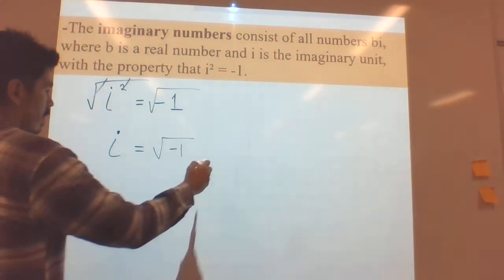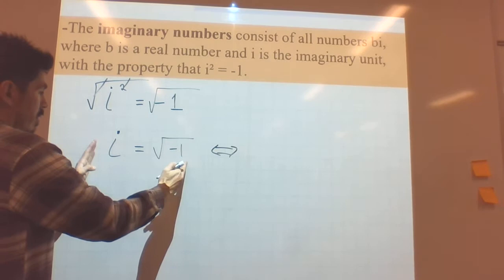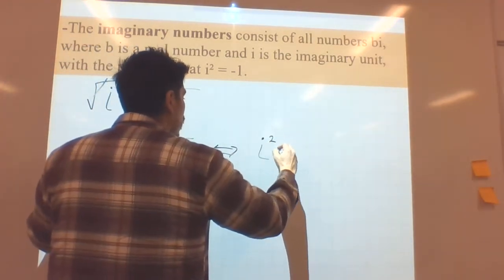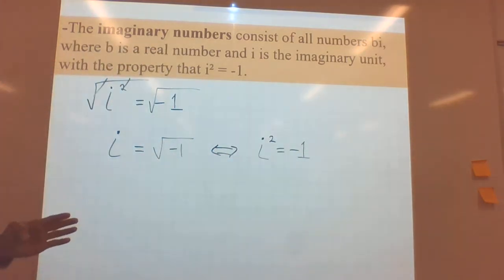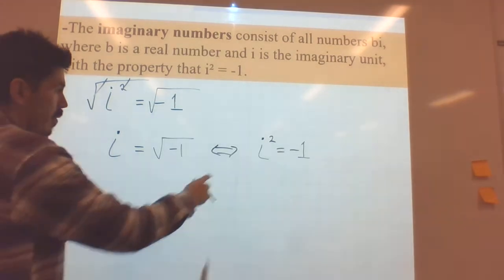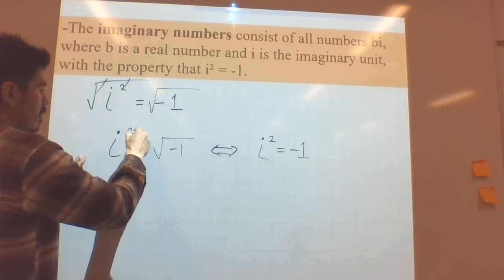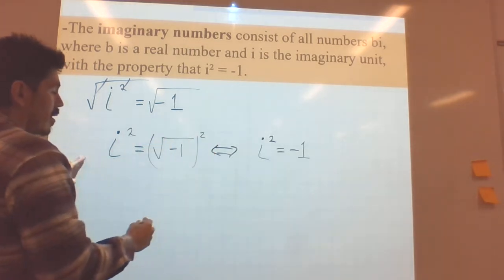Again, we can go back and forth between this expression and this one. How do we do this? Well, how can we go from here to here? All we can do is take the square root of that, take the square root of that, and guess what?